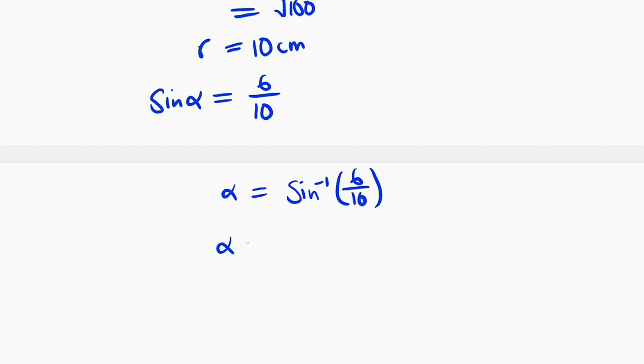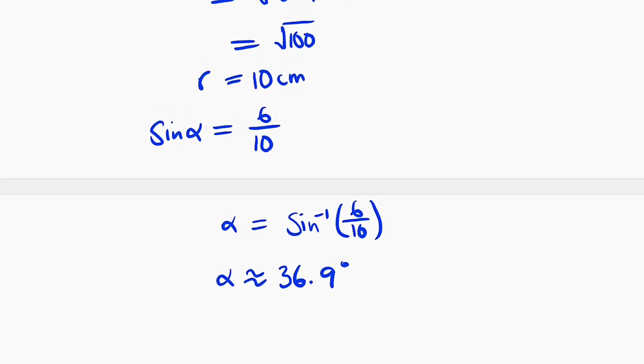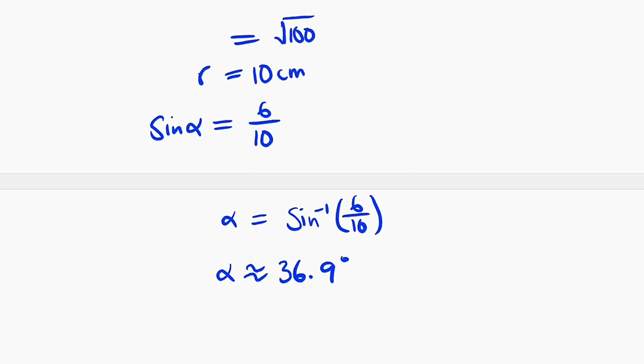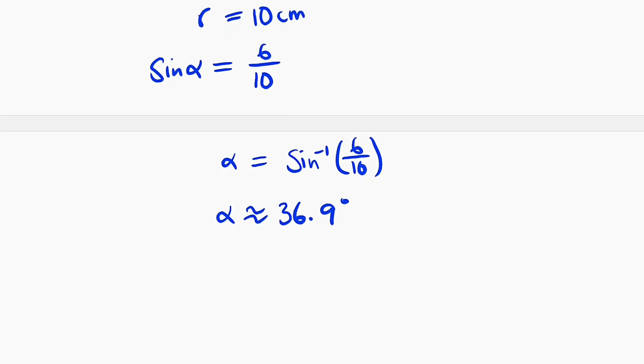Remember that we are dealing with 2 alpha because the two right angle triangles are exactly the same. Therefore, if we multiply alpha by 2, we have 2 alpha, which is approximately equal to 73.7 degrees.